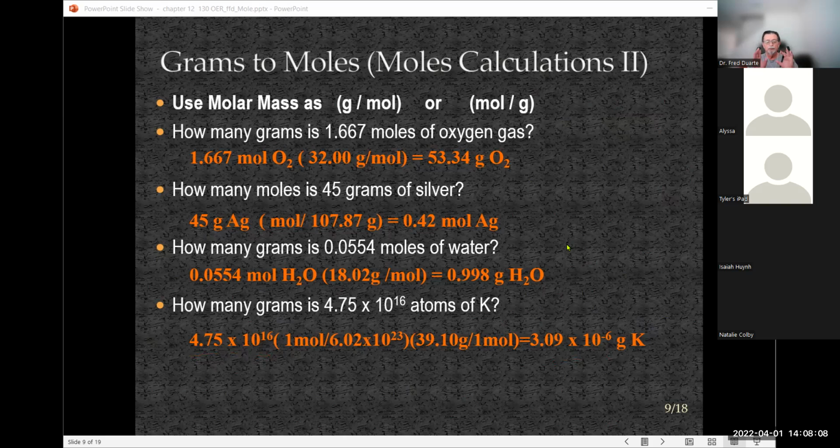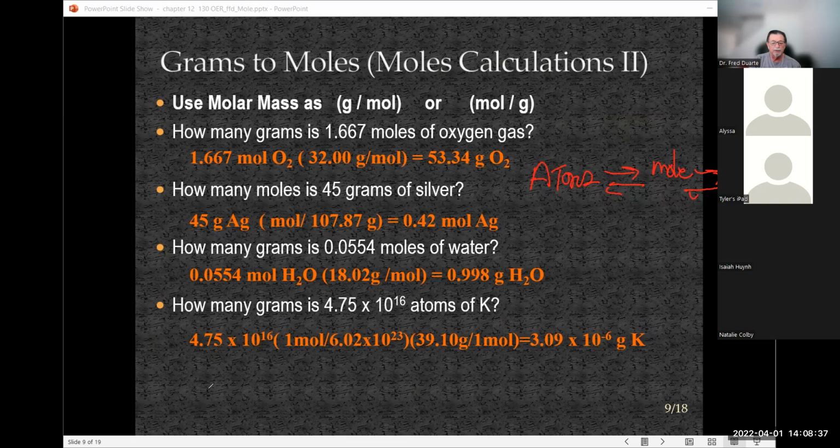Okay, so the takeaway here from these calculations is we need to write this up. We start with atoms. We need to go to moles to get to grams. Okay, and I can go in both directions.